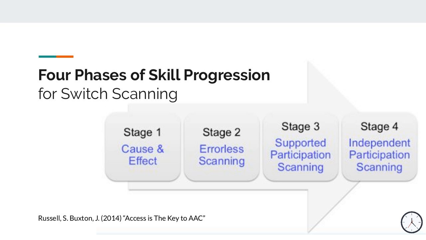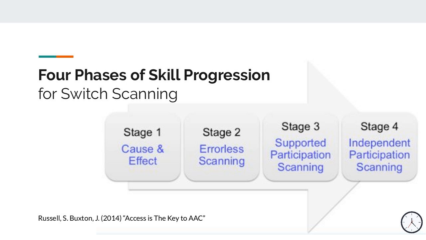When developing the switch scanning skills, this is a framework that really helped me to understand how skills progress. These 4 phases include using the switch for cause and effect. Phase 2 would be errorless scanning, so that any selection would be considered correct. And that might be like making a selection of a musician in an app that plays.